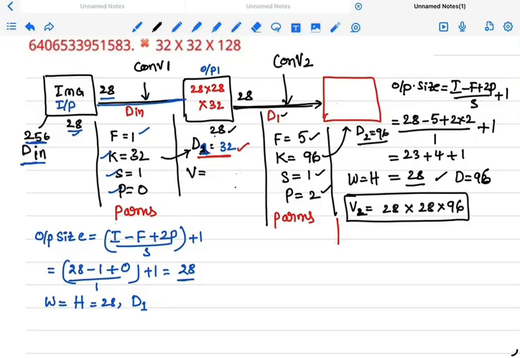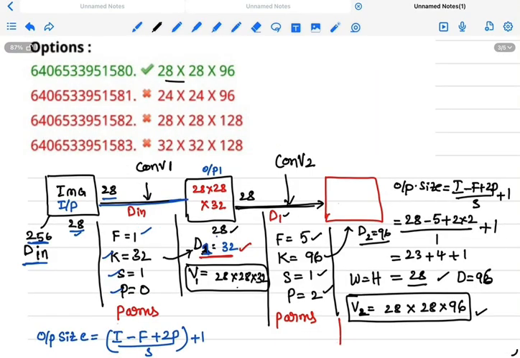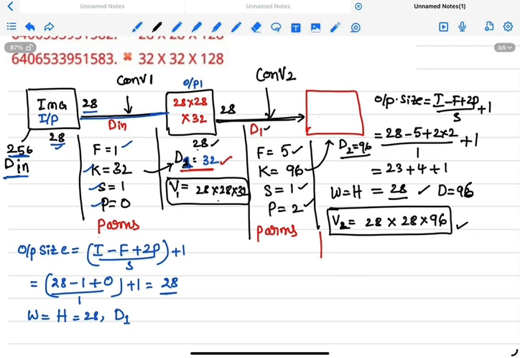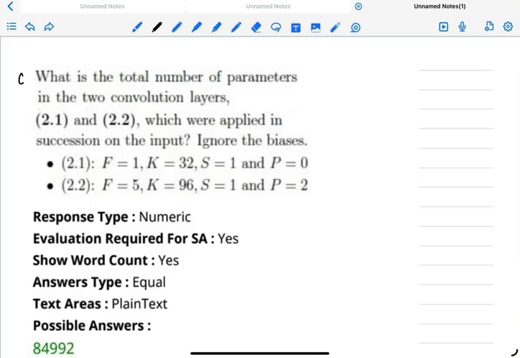After convolution layer 2 the final output is this one. After convolution layer 1, volume 1 is 28 cross 28 cross 32. So 28 cross 28 cross 96. Okay, convolution layers. So this volume is 28 cross 28 cross 96.